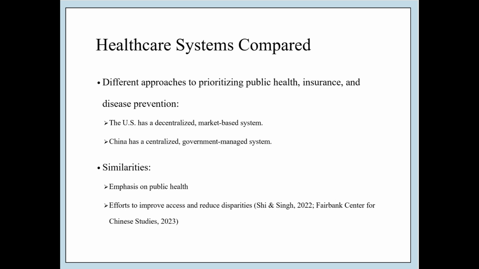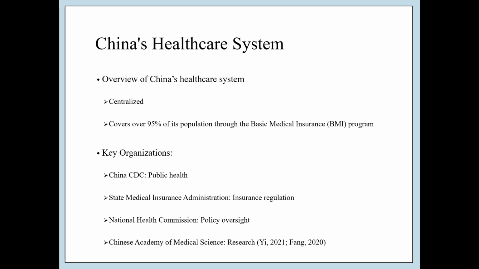China has a centralized system managed by the government because they are a communist country controlled by their government. 95% of people in its population have health care through their basic medical insurance.